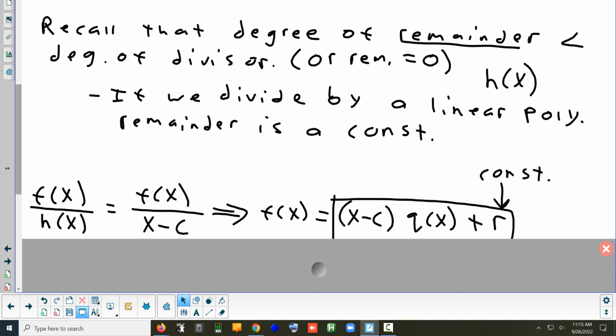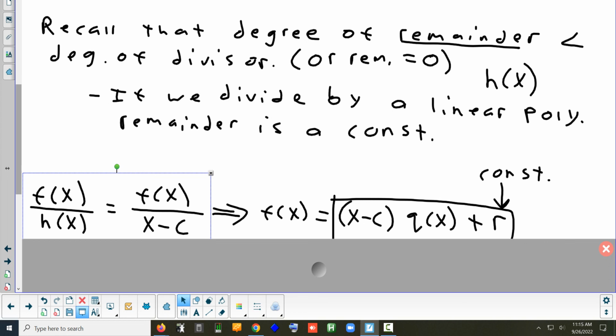So if I divide f of x by h of x, and this time we're going to assume we're dividing by something linear, f of x can be anything you want. Then the numerator should equal denominator times quotient plus remainder. Same formula I had up above, except this time the denominator is something specific.